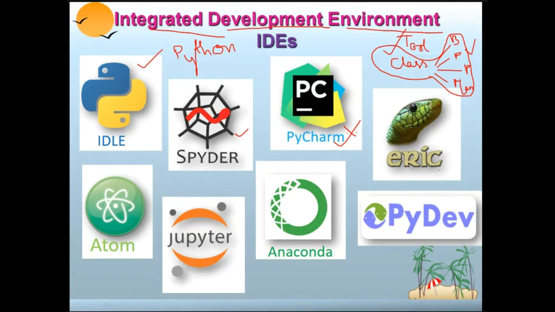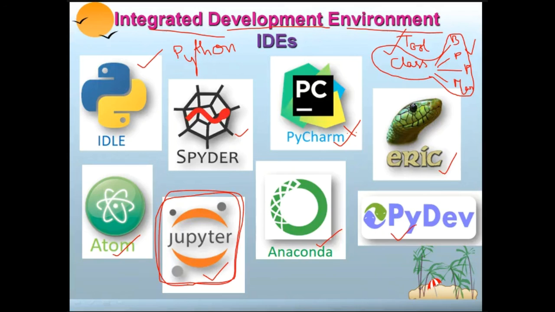The next one is Eric, and then Atom, and next is Jupyter Notebook. This is what we are going to use in the coming sessions. Jupyter Notebook is what we are going to use in this entire series, and let's try to understand how to download the Jupyter Notebook. Then coming to Anaconda, and the last one is PyDev.